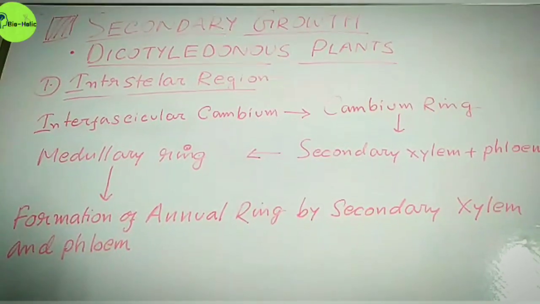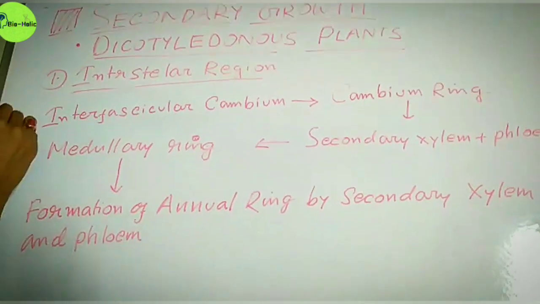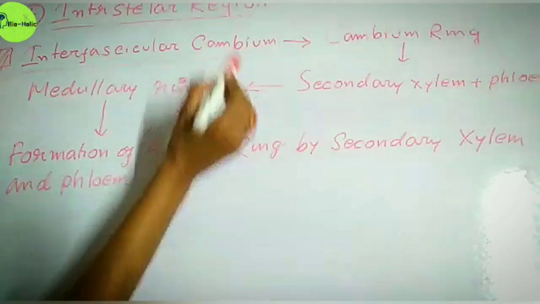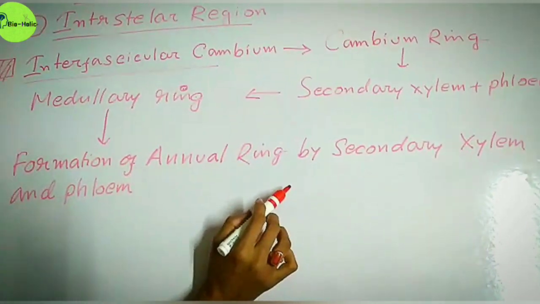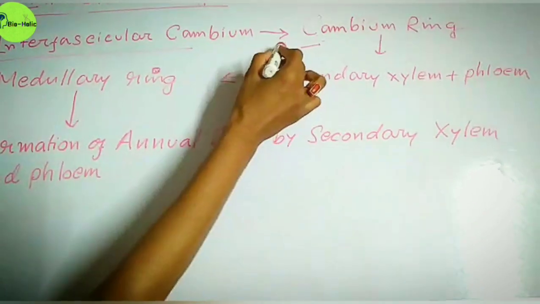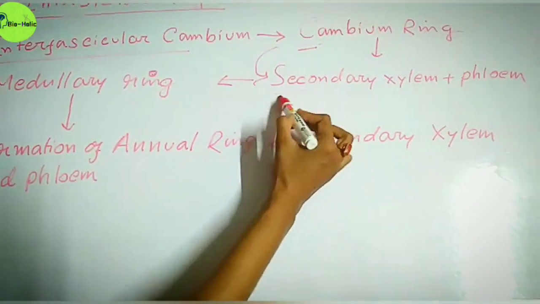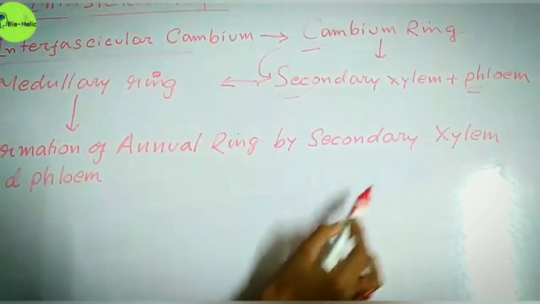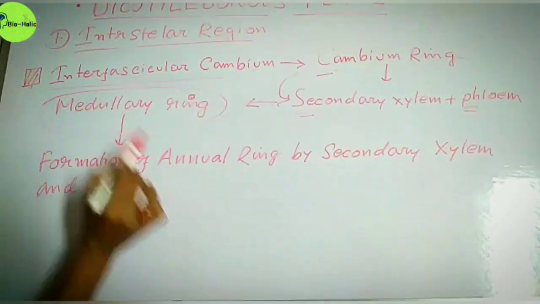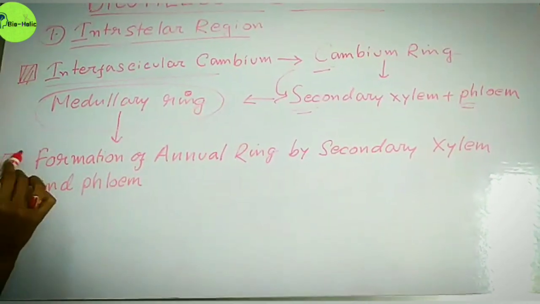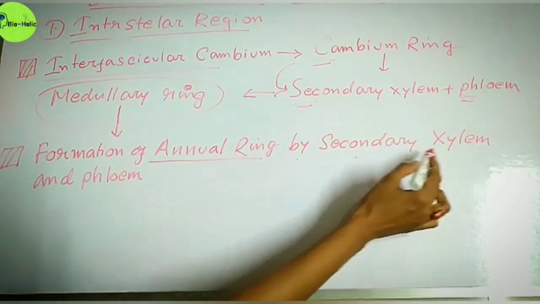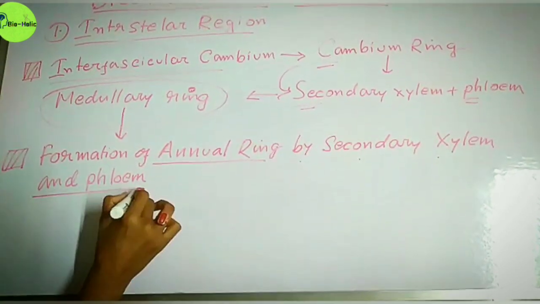So, as a brief, we can say that there is a first formation of the intrafascicular cambium, then there is a formation of the cambium ring, and this cambium ring is converted into the secondary xylem and the secondary phloem, and at last there is a formation of medullary ring, and finally the formation of annual ring by the secondary xylem and the secondary phloem.